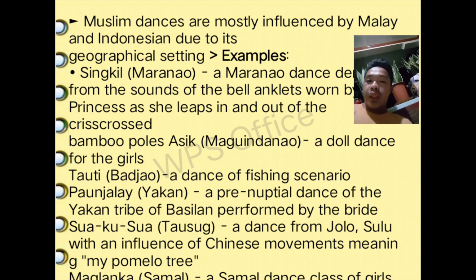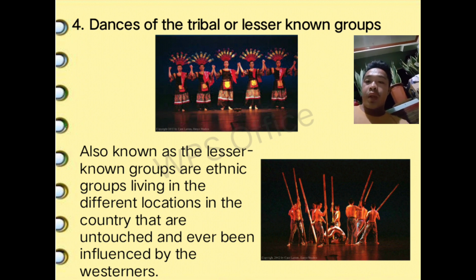So, next is the dance of the tribal groups, also known as the lesser-known groups or ethnic groups living in different locations in the country that are untouched and have never been influenced by the Westerners.